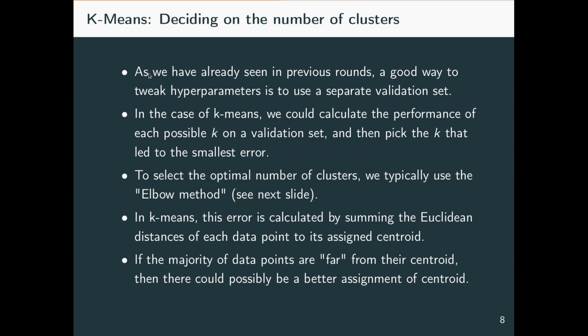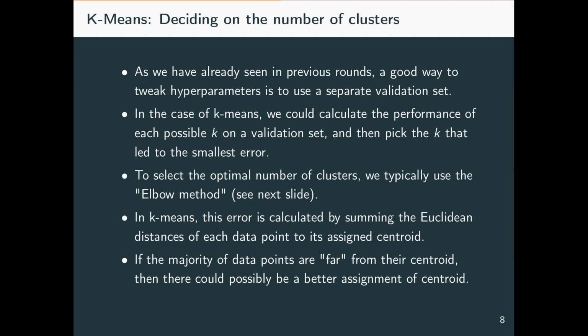Now, as we mentioned, the number of clusters is a hyperparameter that you are the ones that have to choose. So how can you know which one is the best number of clusters?